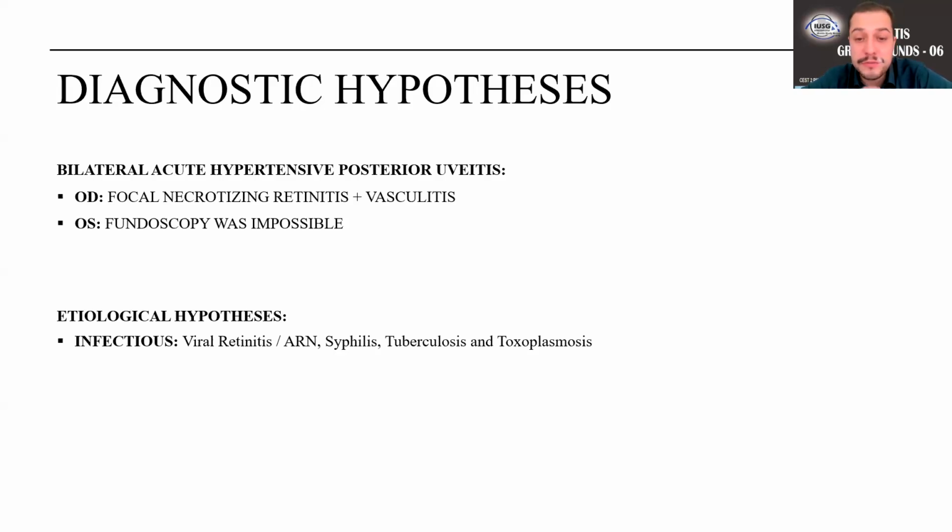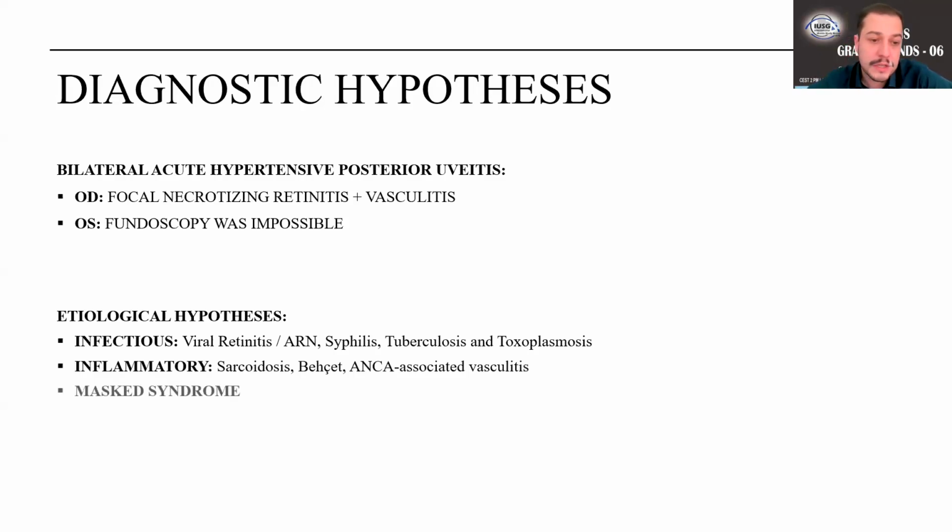But obviously, we don't think of toxoplasmosis when we have an acute bilateral posterior uveitis. Sometimes we have an acute uveitis in one eye and we find a scar in the fellow eye. But having a bilateral acute uveitis is not what you used to see in toxoplasmosis. Inflammatory causes of vasculitis and retinitis include sarcoidosis, Behçet disease, and also ANCA-associated vasculitis. And also masquerade syndrome was a possibility.